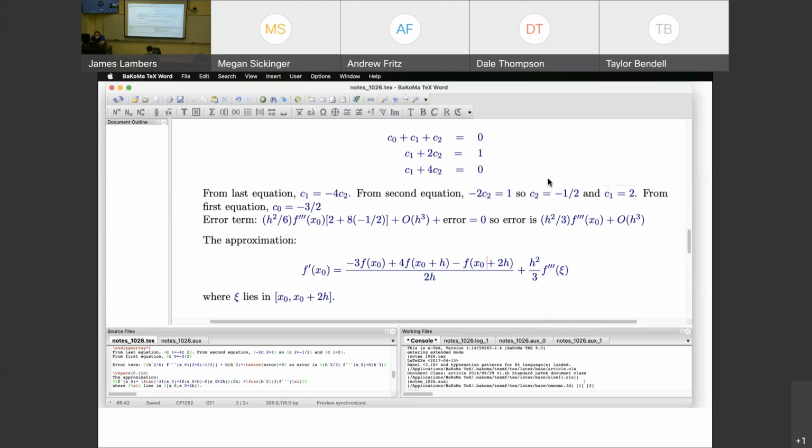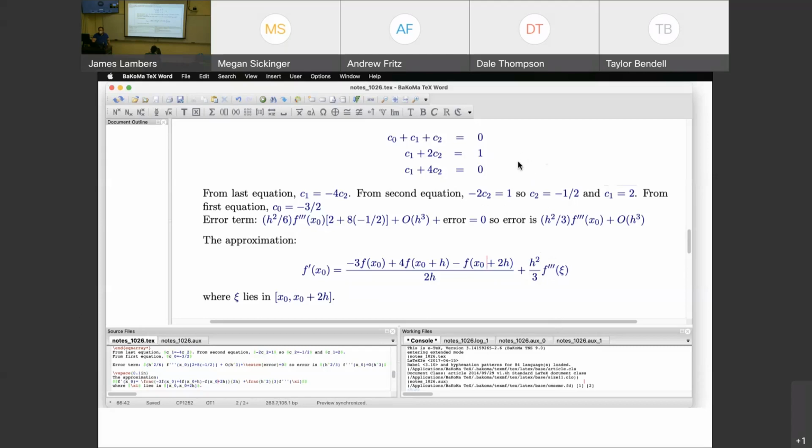And then look what happens here. For C2, we have coefficients of 1, 2, 4. Here we have coefficients for C1, 1, 1, 1. And then here we have 1, and then 0, and 0. So in general, as you go down the rows, you have powers of your multiples of h.